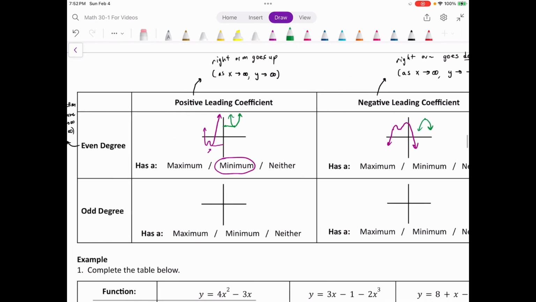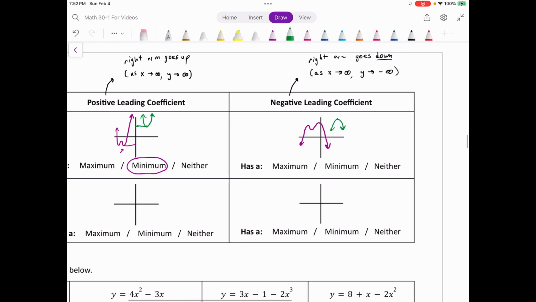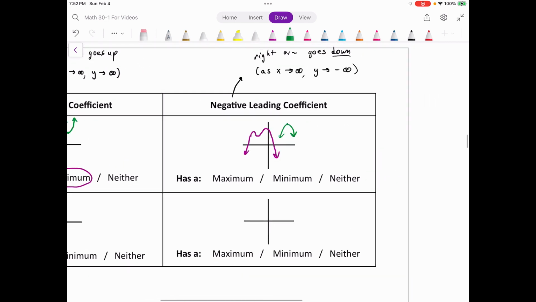Well, again, for an even degree polynomial function, we kind of know that it will have a max or a min, right? Because both arms do the same thing. So somewhere in between this arm going down forever and this arm going down forever, there is going to be a point where it never goes higher than that, right? If it has to finish over here going down and finish over here going down forever, somewhere in between it got to the highest it would ever be, right? So what is that, a max or a min?